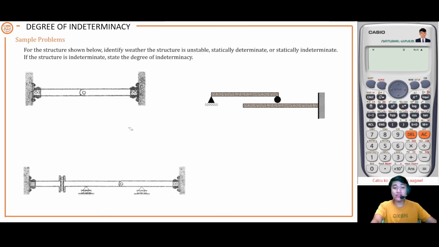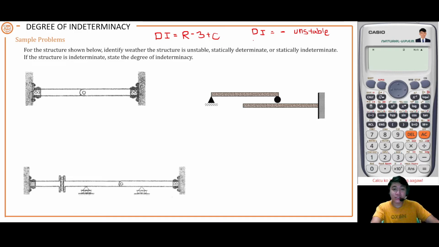Okay, so we're now ready to solve this sample problem. For the problem shown, determine whether the structure is unstable. For beams, we have R minus 3 minus C. If the value of the degree of indeterminacy is negative, meaning DI is less than 0, it is unstable.